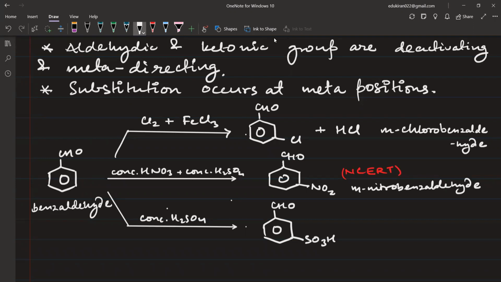And the last one is m-benzaldehyde sulfonic acid. Sulfonic acid is present in the meta position. Since sulfonic acid has a higher priority than the aldehyde group, that is why we are writing it as the last, sulfonic acid. Write the names.